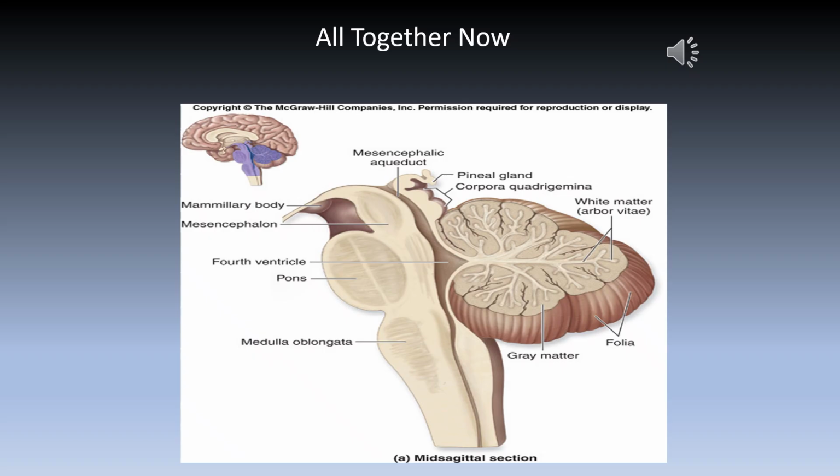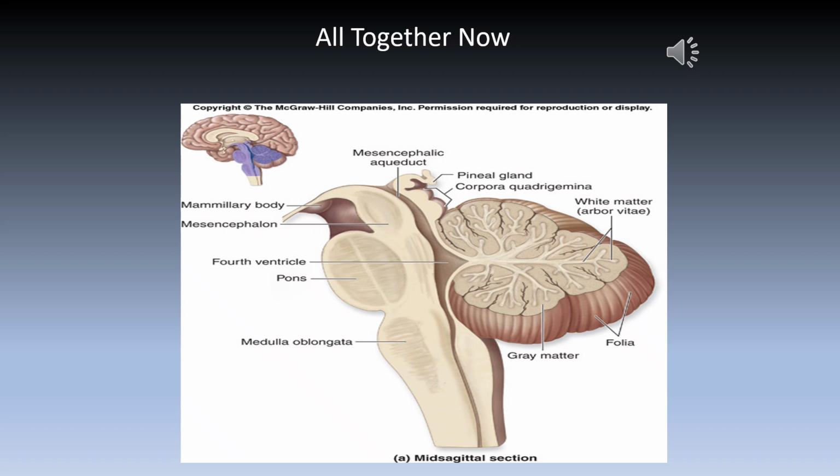So the cerebellum has some input into our vocalizations. One other thing the cerebellum seems to be involved in is the ability to pay attention. It has been observed that people who have attention deficit disorder have abnormalities associated with their cerebellum.